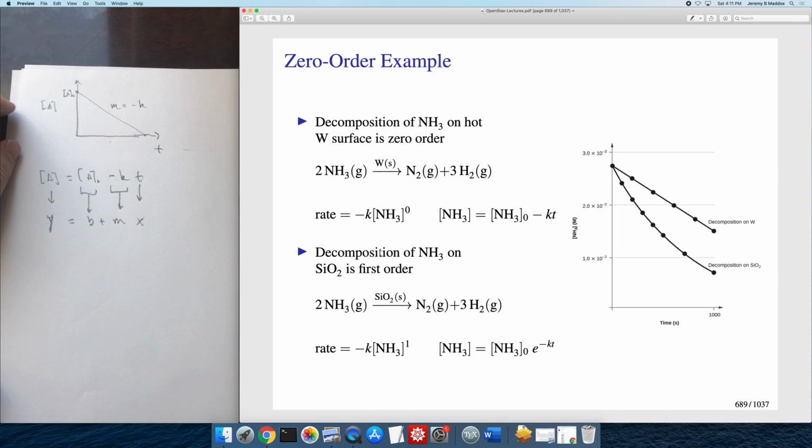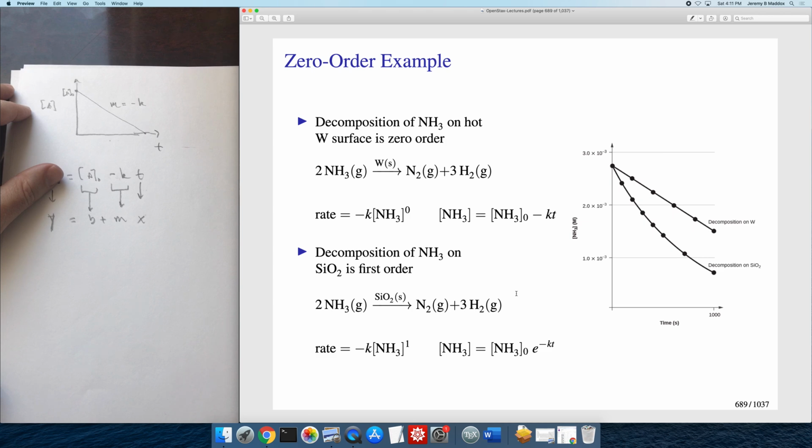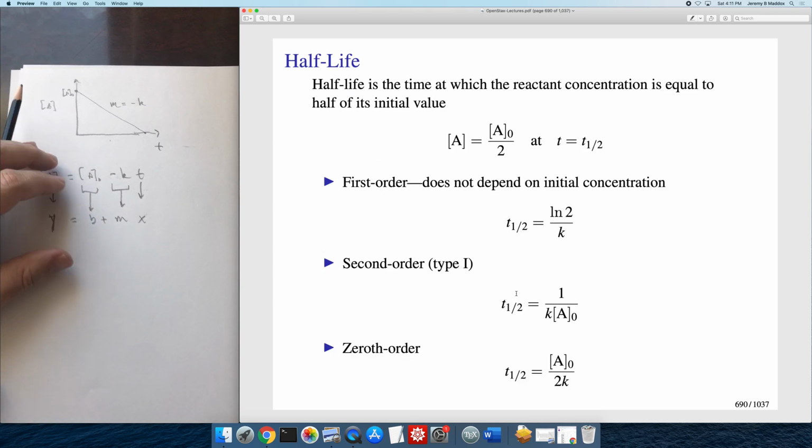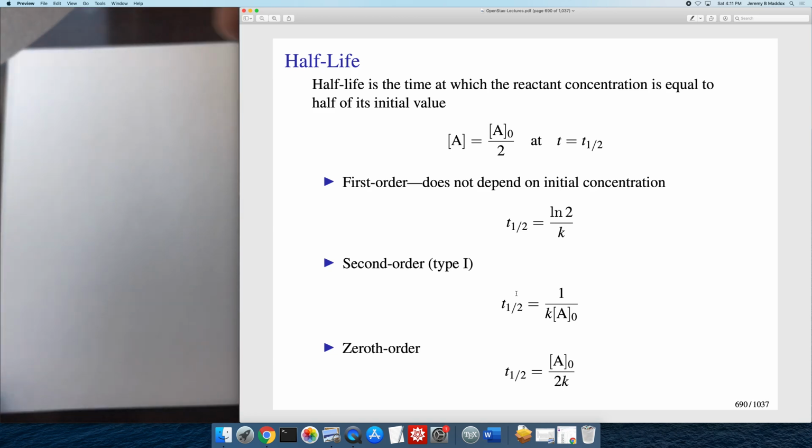However, if you try to do the same reaction on a silicon dioxide surface, you get an exponential curve, which means that it's first order on the silicon dioxide surface. So the experimental conditions make a difference in the kinetics. It's the same decomposition reaction, but a different catalyst, and that changes the mechanism, as do the experimental conditions, at least for certain reactions. All right, so that's zeroth order kinetics.